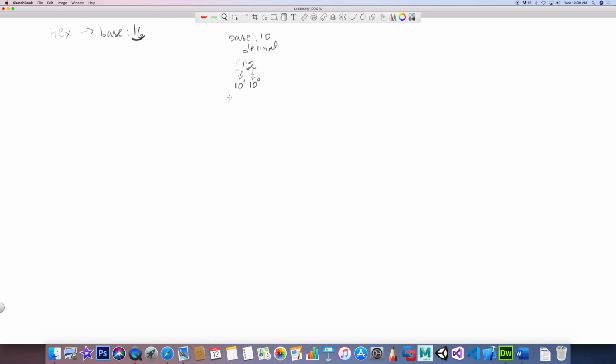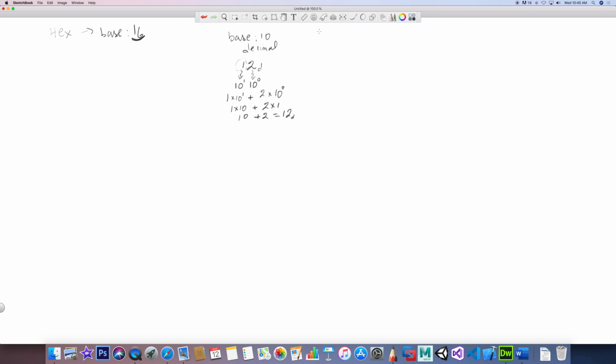So let's do that. So 1 times 10 to the 1 plus 2 times 10 to the 0. Well, that is 1 times 10 plus 2 times 1, which is really 10 plus 2, which takes us back to 12 in decimal. So you could see here we went full circle, went from 12 decimal to 12 decimal.